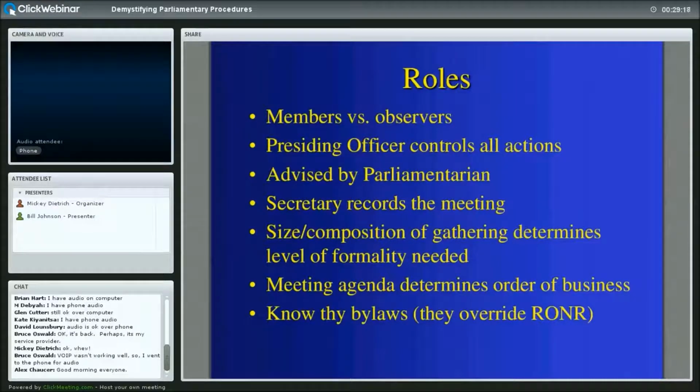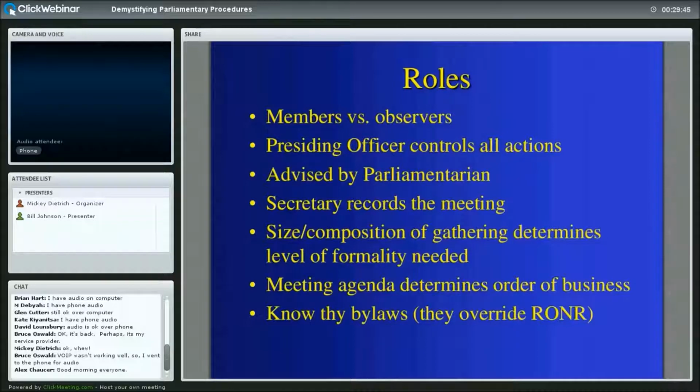The presiding officer is normally advised by a parliamentarian, so if they're not sure what to do, the parliamentarian should be sitting close by and can quickly whisper instructions to them. In a lot of cases, the presiding officer functions as their own parliamentarian, which means that they should have a solid working knowledge of the rules, so they don't have to pause and go look things up in the book. But it's not the worst thing in the world to have to stop and do that.